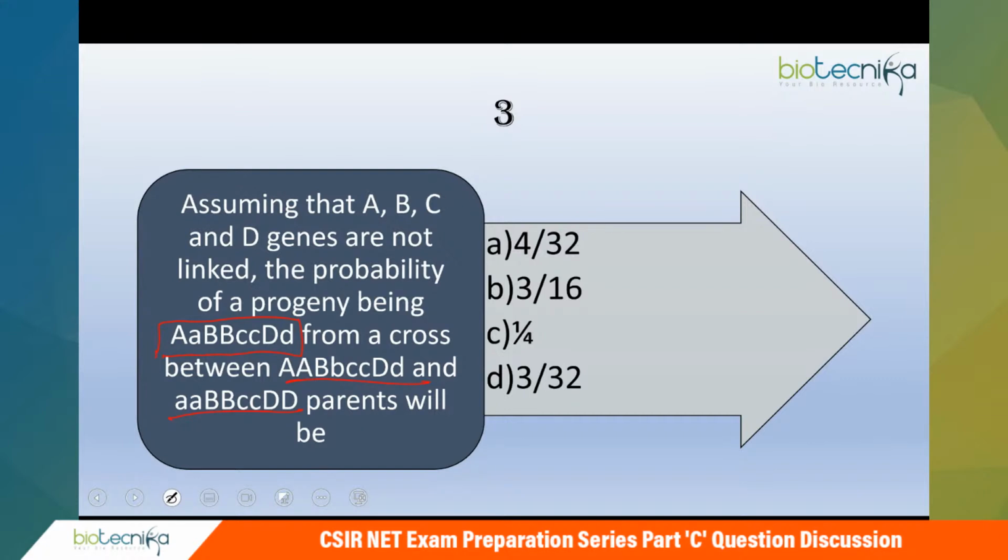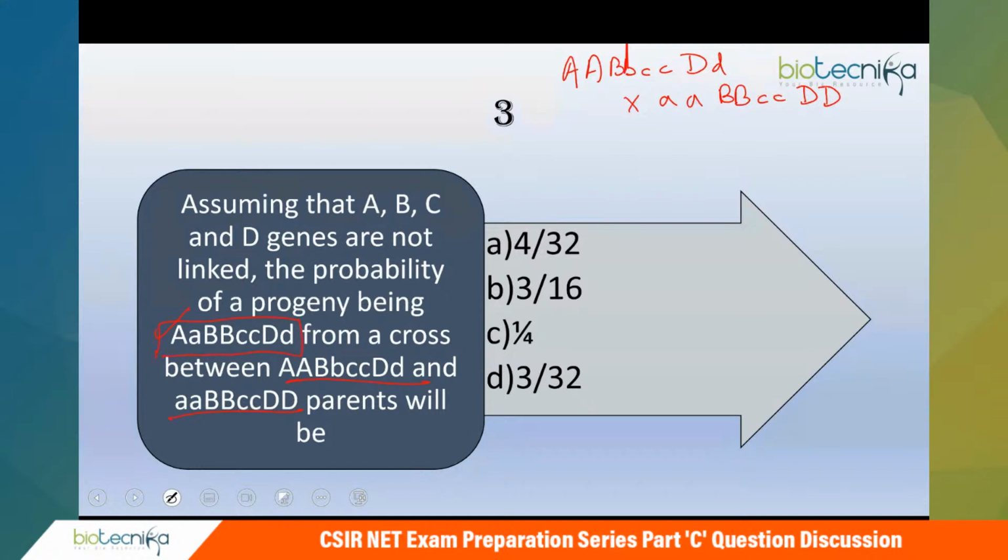In fact, it was a Part B question, but I included it here so that you get an opportunity to apply the knowledge from the previous question. The genotypes of the parents are given. You just apply it here, and then you find out the probability of this genotype.